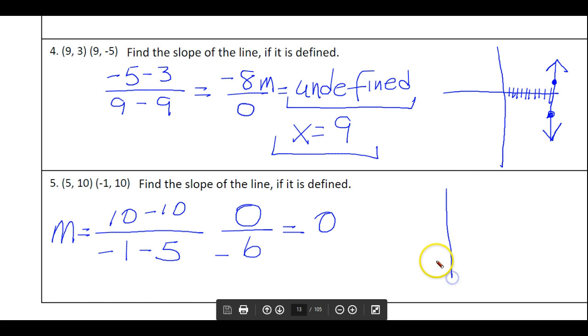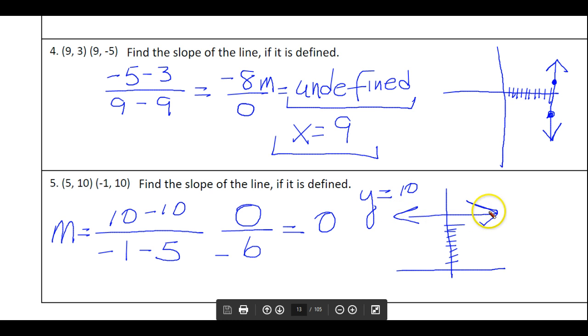And if you were to draw this graph, it would be an equation y equals 10, and it would be up there through 10 as a horizontal line. So the slope of any horizontal line, or something in this form, y equals 10, is 0.